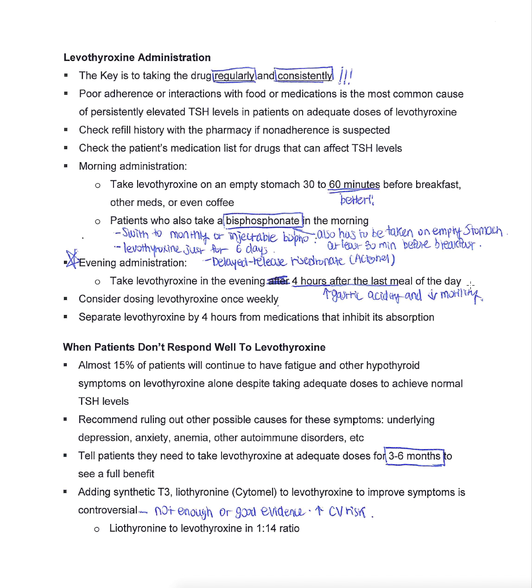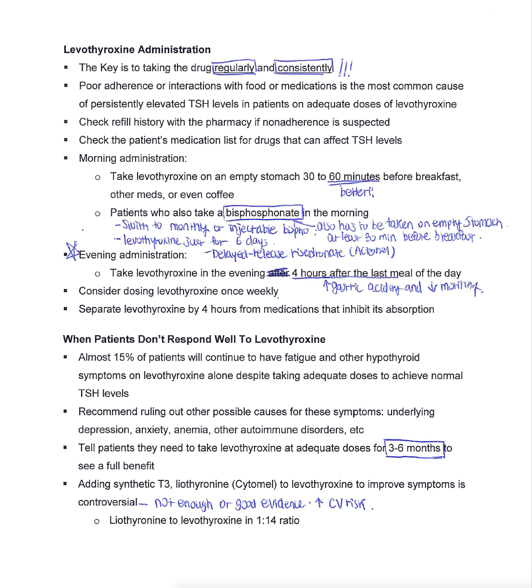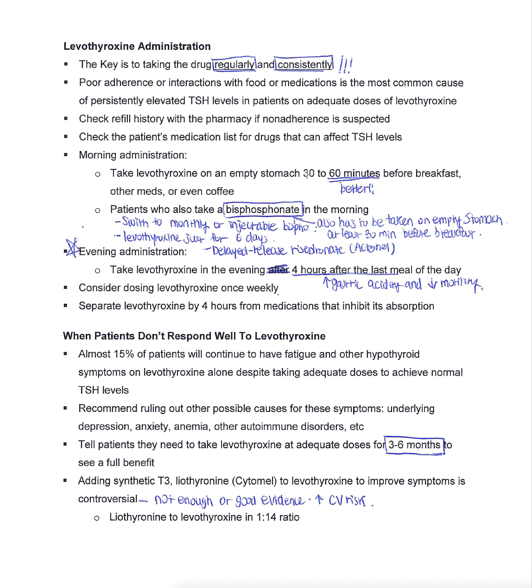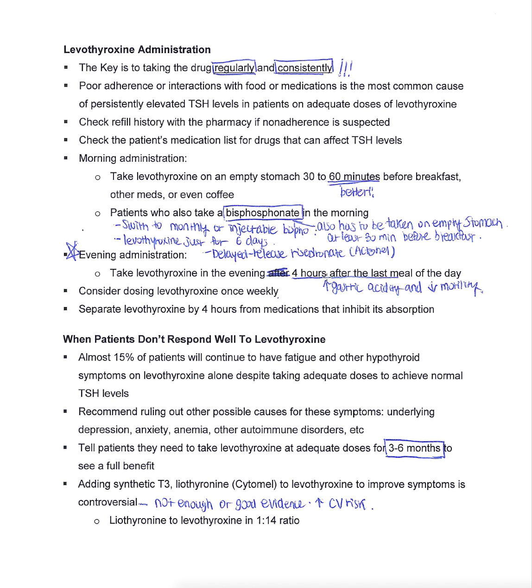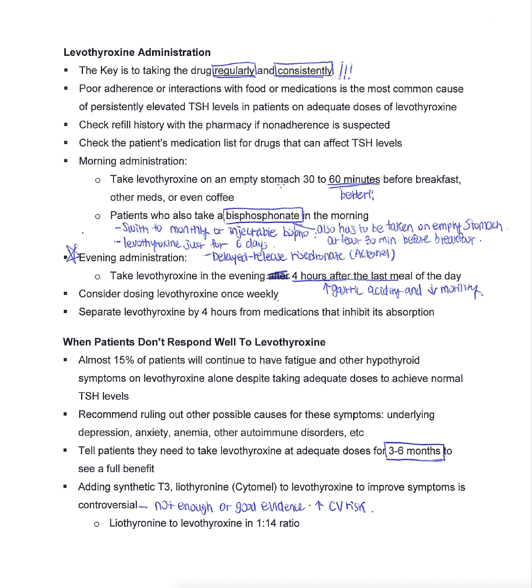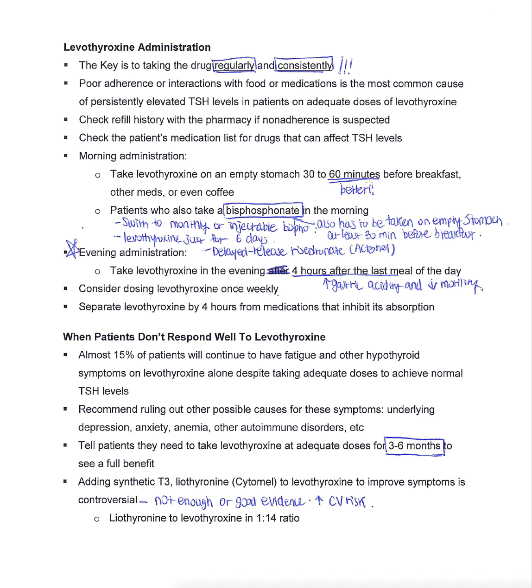And actually some studies have shown that this regimen was better than the morning, half an hour before breakfast. So taking it in the evening 4 hours after a meal was better than taking it 30 minutes before breakfast. Of course 60 minutes before breakfast is the best way to do it.